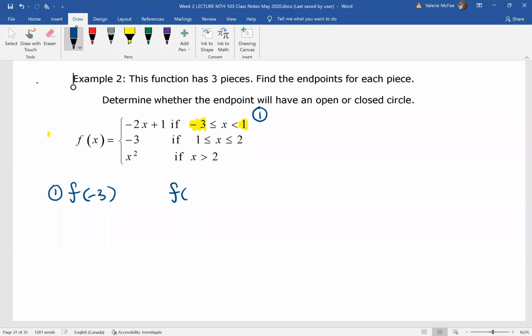We're using both of those endpoints. We're going to use this equation for each of them. So we have -2 times -3 plus 1. And we have -2 times 1 plus 1.